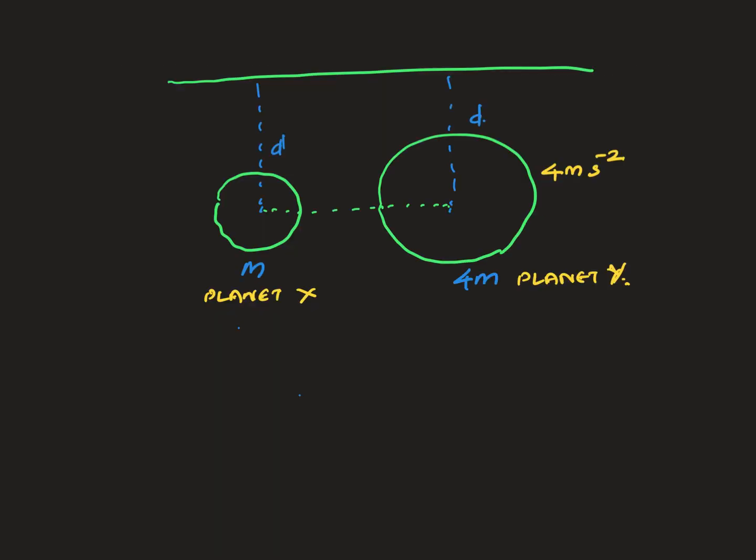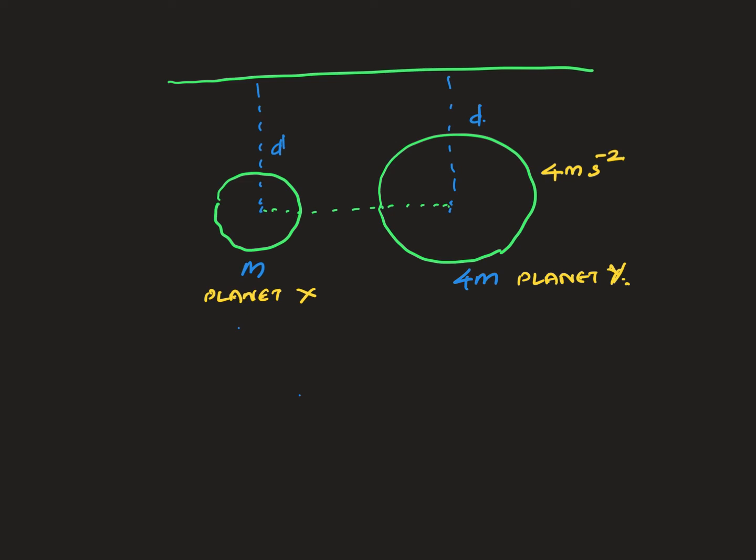So here we've got 2 planets, and they both have different masses. The first one is M, and the second one is 4m. It's also given that at this point the gravitational acceleration is 4.